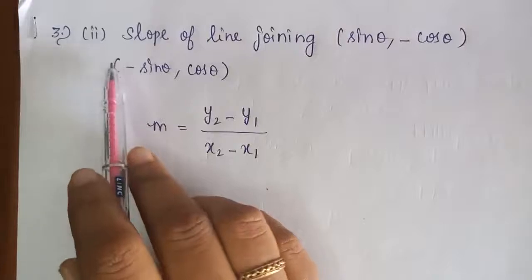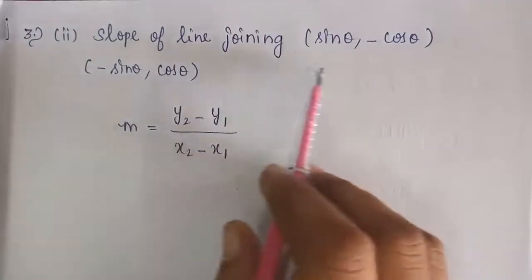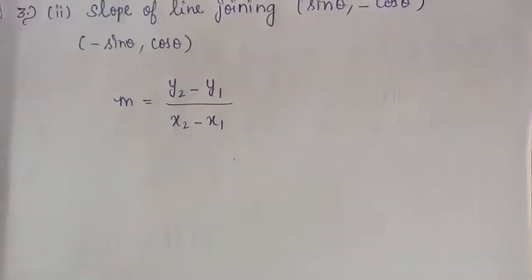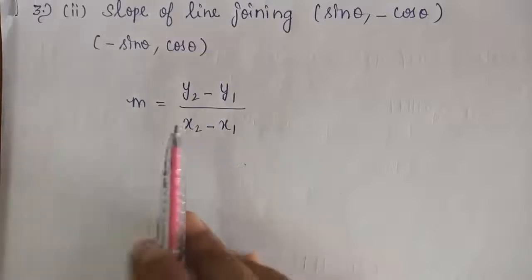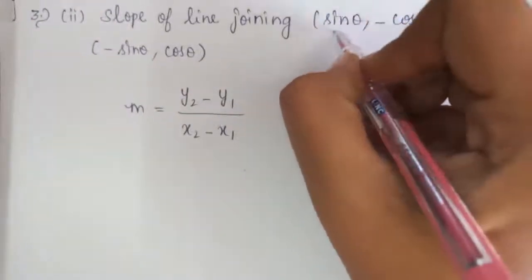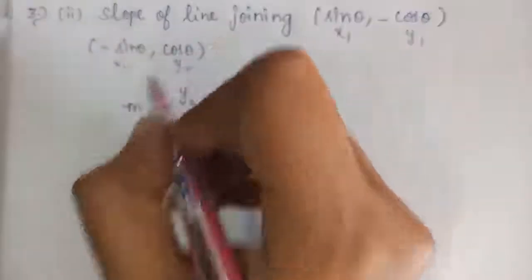Third one, second subdivision. Slope of the line joining sin theta comma minus cos theta and minus sin theta comma cos theta. Therefore the slope m is equal to y2 minus y1 divided by x2 minus x1. So this is your x1 y1 and this is x2 y2.